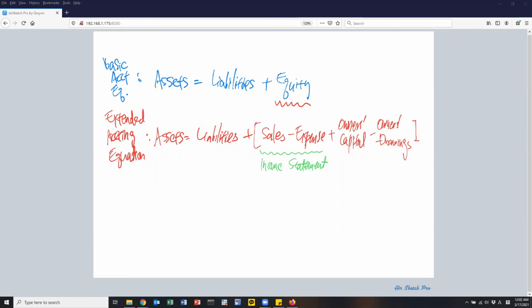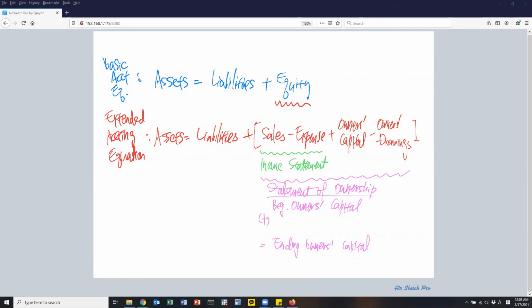Another statement in the financial statements is the so-called statement of ownership, which shows the beginning balance and ending balance, and any changes in between.